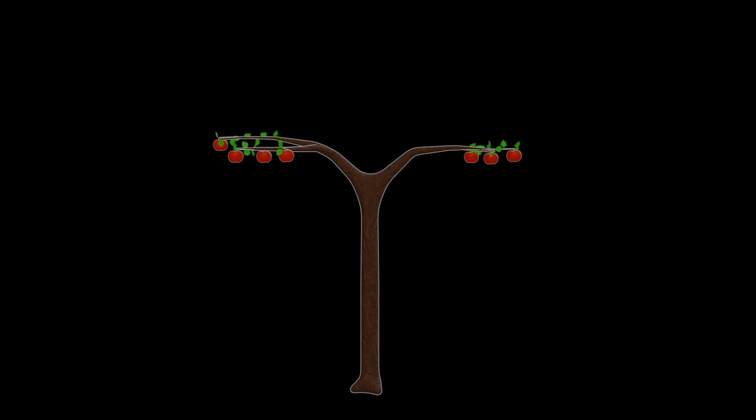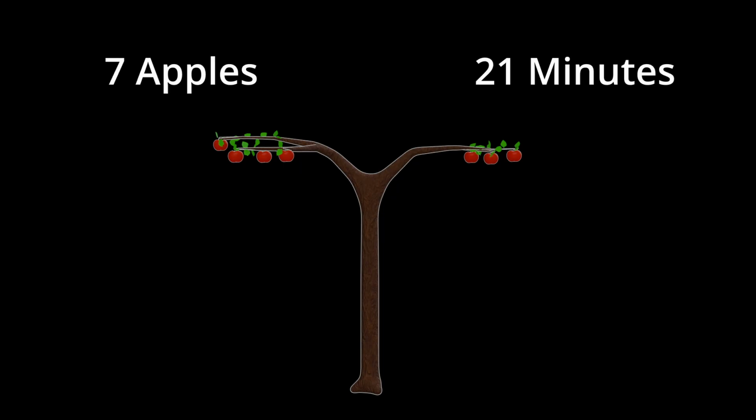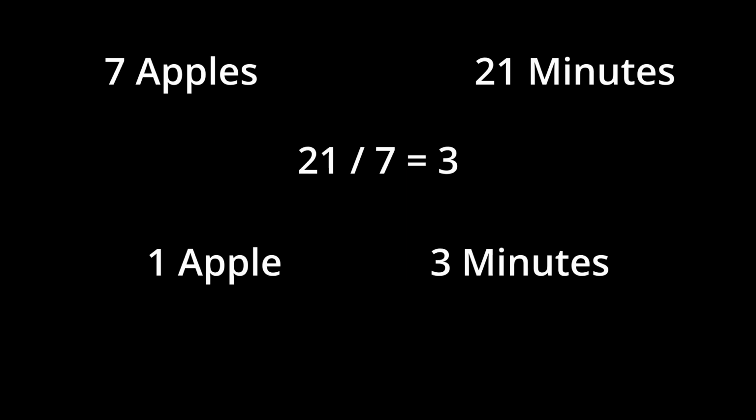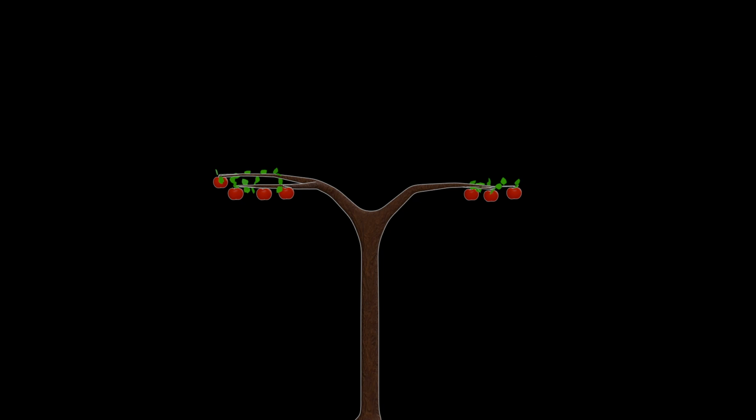So now I have this idea of an average tree, which has 7 apples on it and takes 21 minutes to gather all the apples from. This would mean that I can gather an apple every 3 minutes, or 20 apples in an hour. I do need to be a bit careful here, and remember that this average is really just a guess.